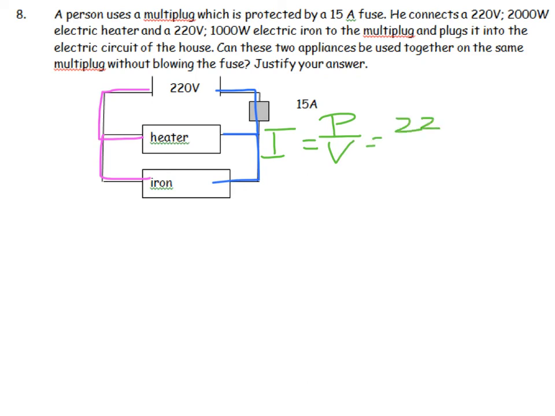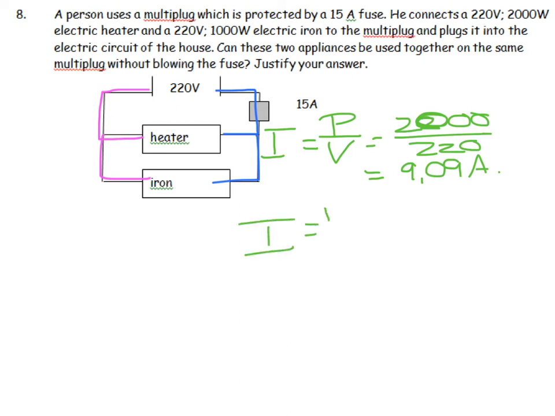So the first one is 2000 divided by 220, and that's going to land up being 9.09 amps. And then on this bottom branch of the iron, I've got power divided by potential difference, and I'm going to take 1000 watts and divide it by 220.